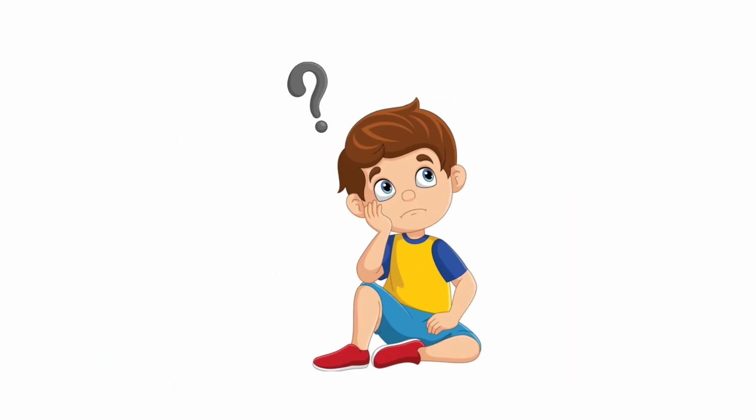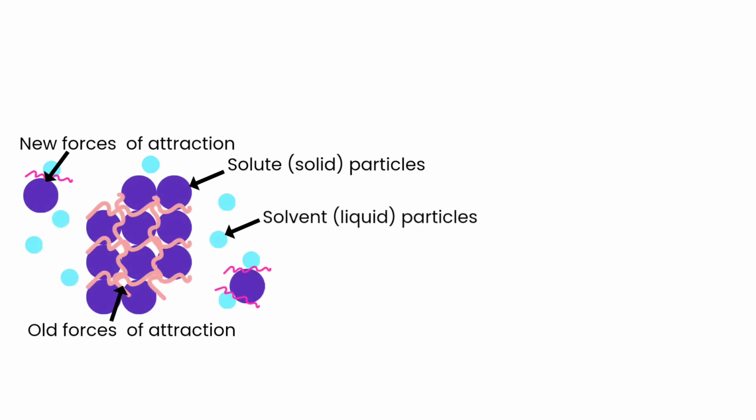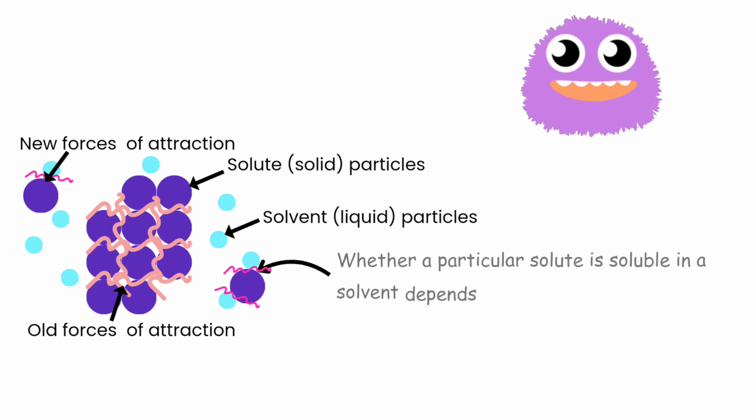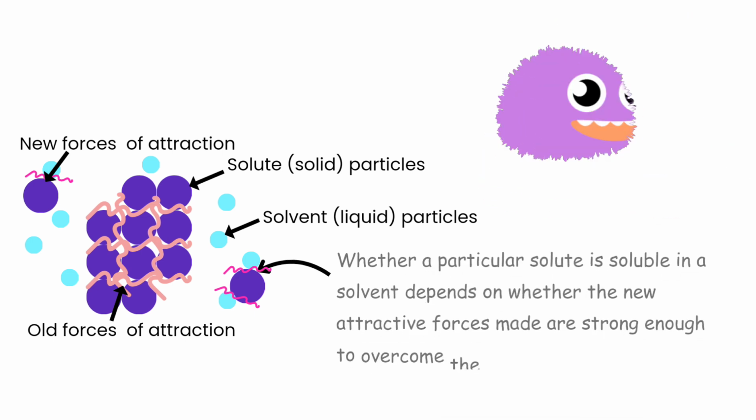We saw earlier that some substances don't dissolve in water. So, why don't some substances dissolve in solvents? Whether a particular solute is soluble in a solvent depends on whether the new attractive forces made are strong enough to overcome the older forces of attraction.